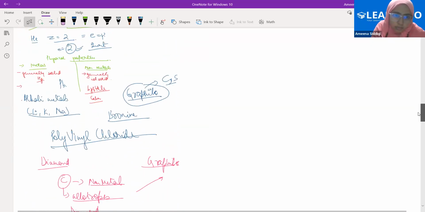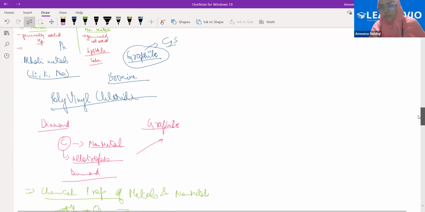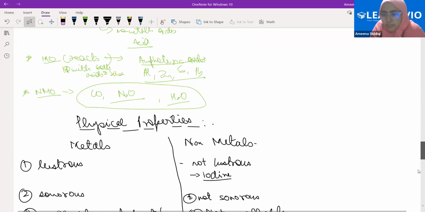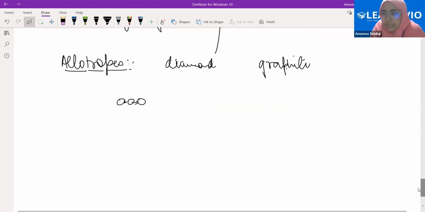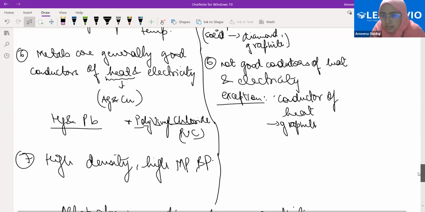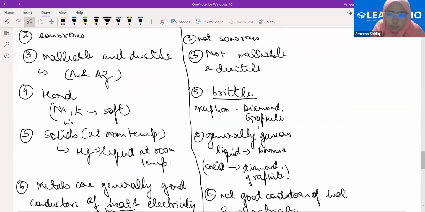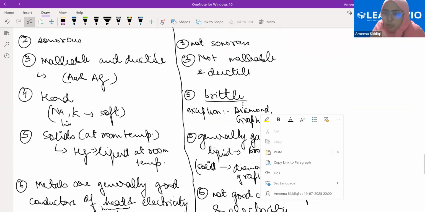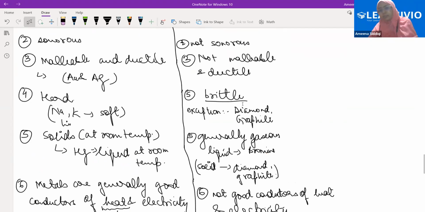Can you tell me, beta, metals, what tendency do they have in case of the atomic configuration? What kind of chemical activity do the metals show? Acha, tell me a basic question. How are metals different from non-metals? Can you tell me that?